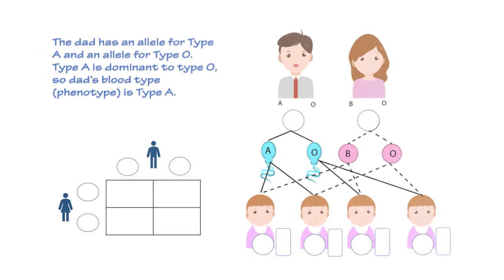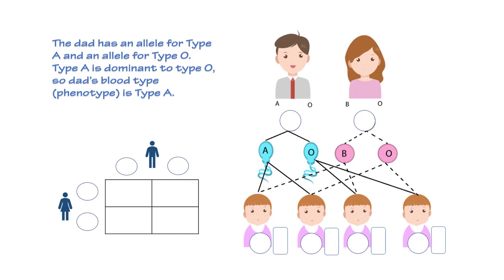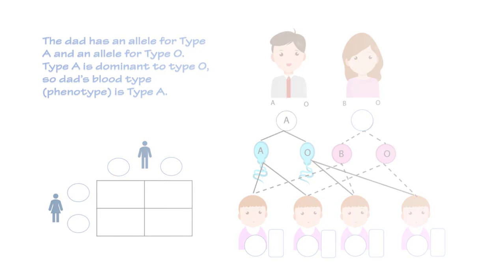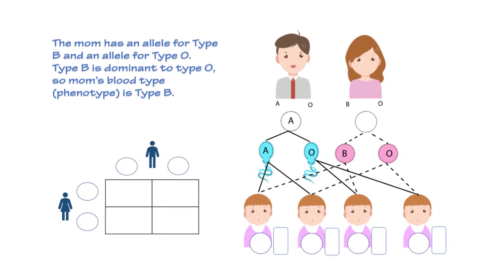The dad has an allele for type A and an allele for type O. Type A is dominant to type O, so dad's blood type or phenotype is type A. The mom has an allele for type B and an allele for type O. Type B is dominant to type O, so mom's blood type or phenotype is type B. Let's fill out our Punnett square.